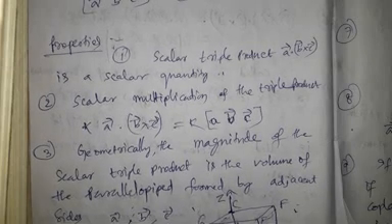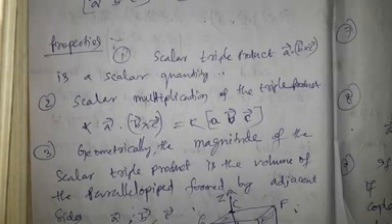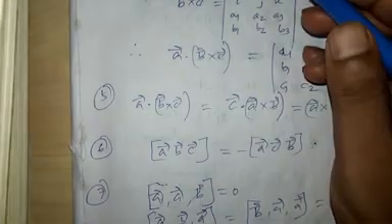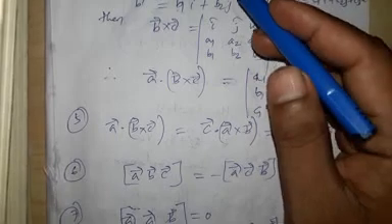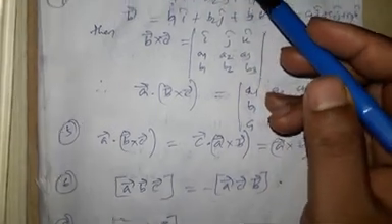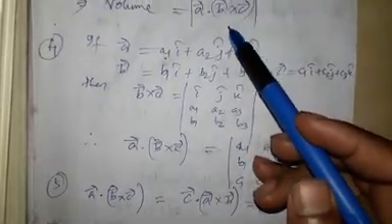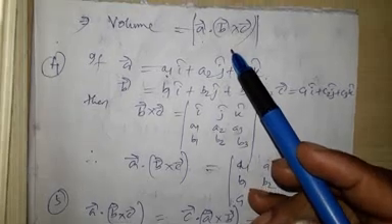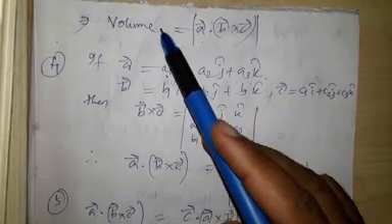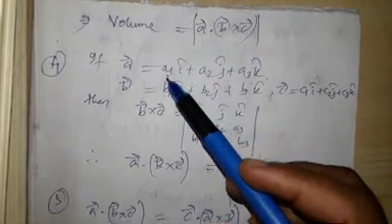So that's the volume of the parallelepiped: volume is equal to the magnitude of A dot B cross C.